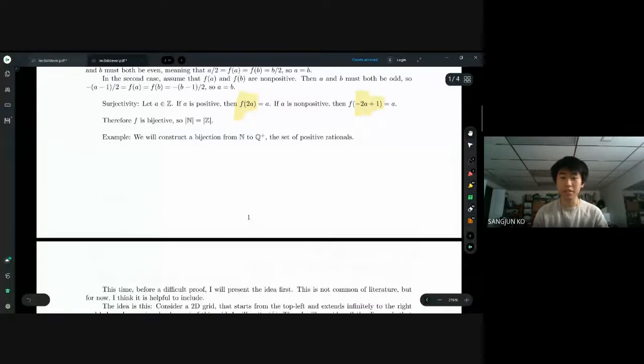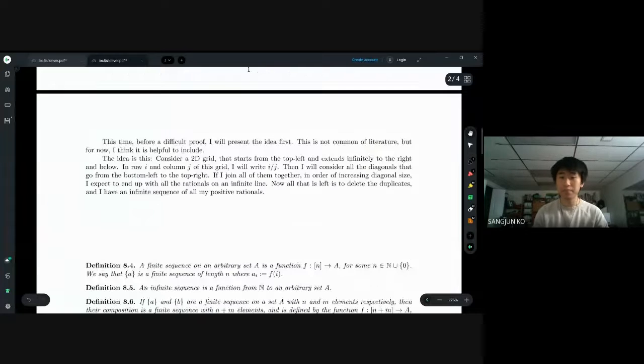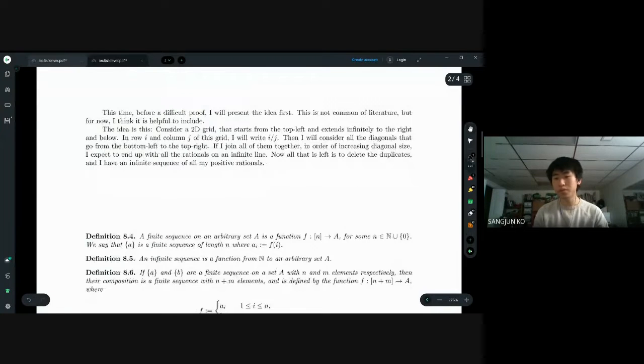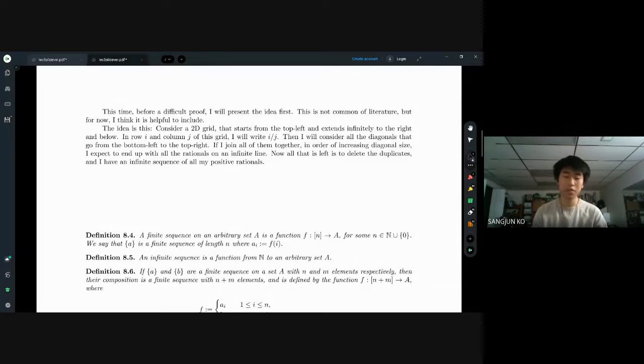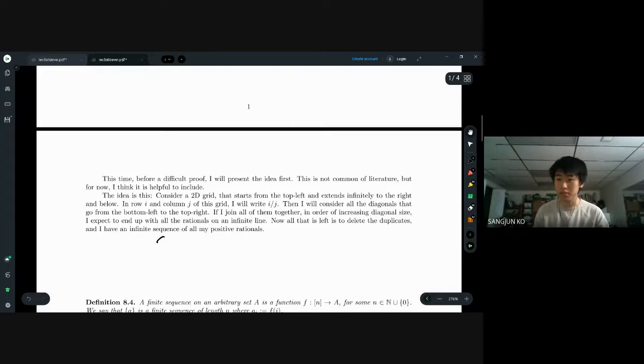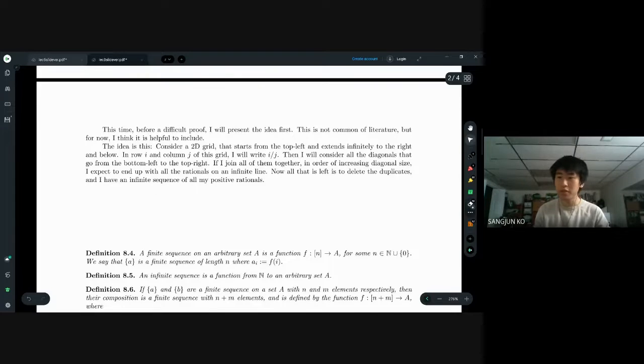And how do you do this? We're not going to present the full proof yet, so we're just going to present a sketch of it. The idea is to use a 2D grid. I'm going to write Q plus, the positive rationals, with entry i over j in row i and column j.